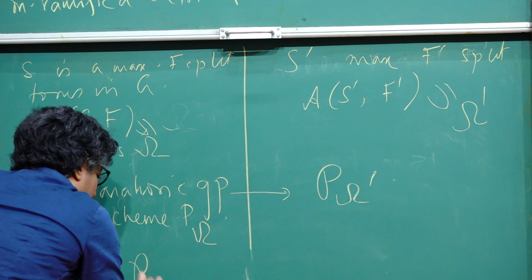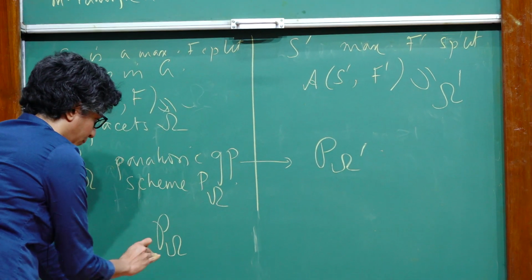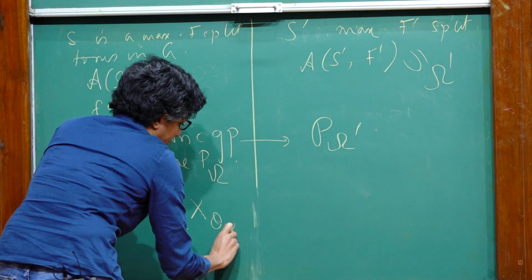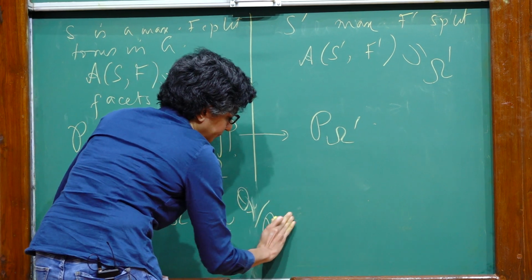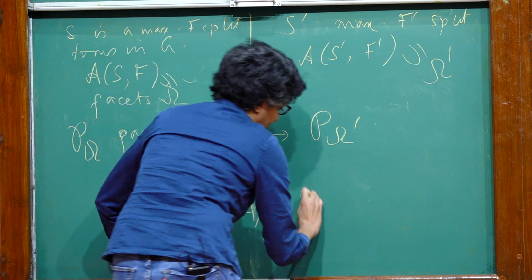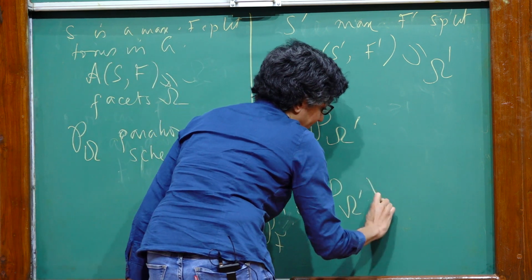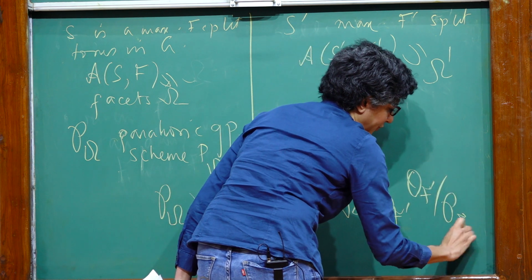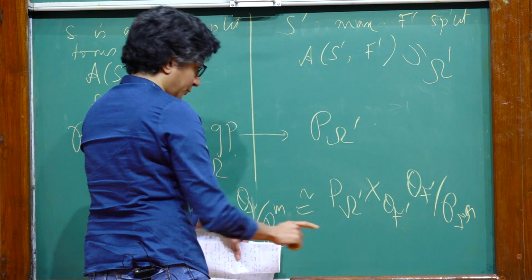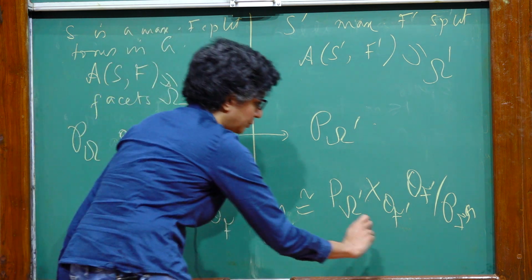One would like that P omega, which is defined over O_F a priori, base changed to O_F mod P_F to the M, is isomorphic to P omega prime base changed to O_F prime mod P_F prime to the M, via this isomorphism of rings, to be an isomorphism of group schemes.